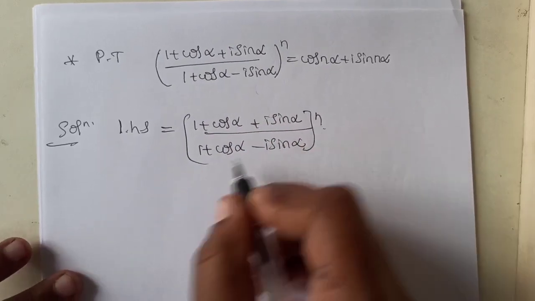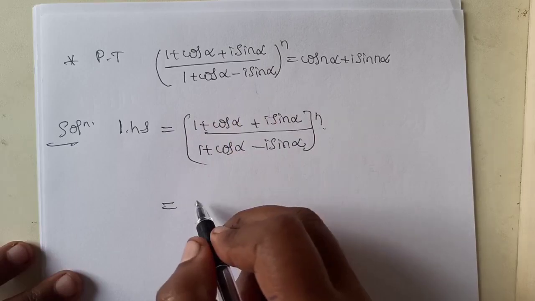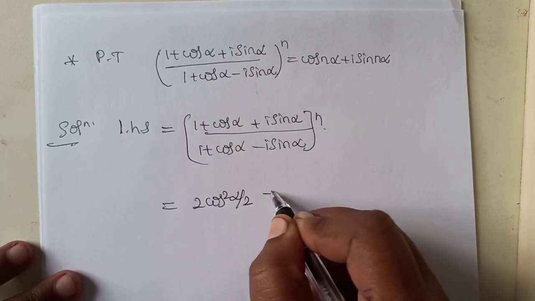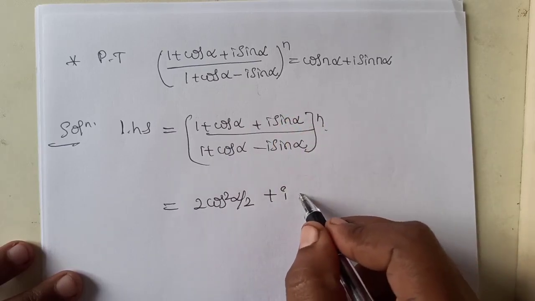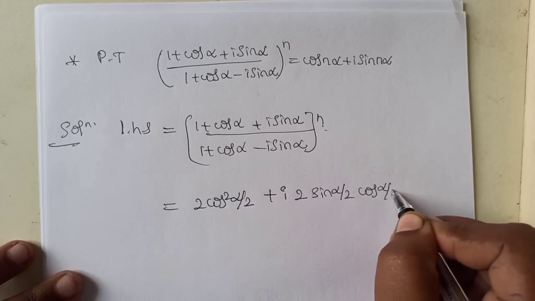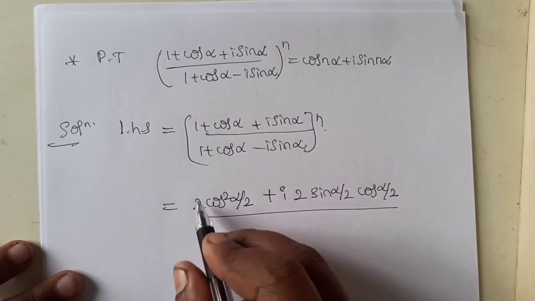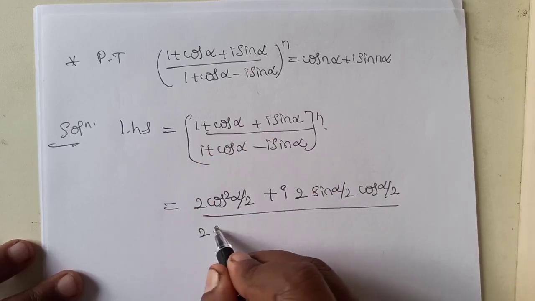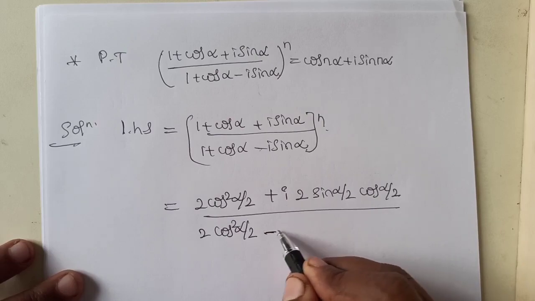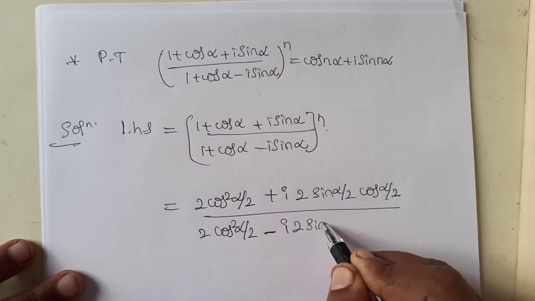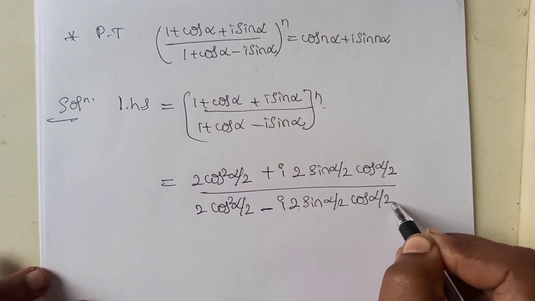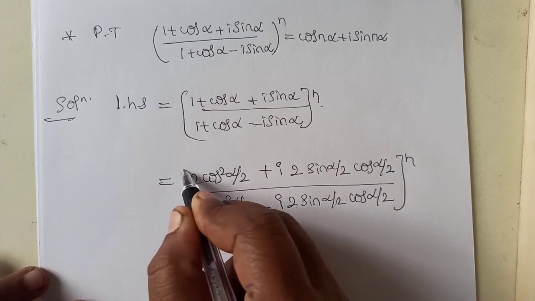This can be written as: for 1 + cos α we have 2 cos²(α/2), plus i, and in place of sin α we can write 2 sin(α/2) cos(α/2). The denominator also uses the same formula: 2 cos²(α/2), but with minus i times 2 sin(α/2) cos(α/2), whole power n.